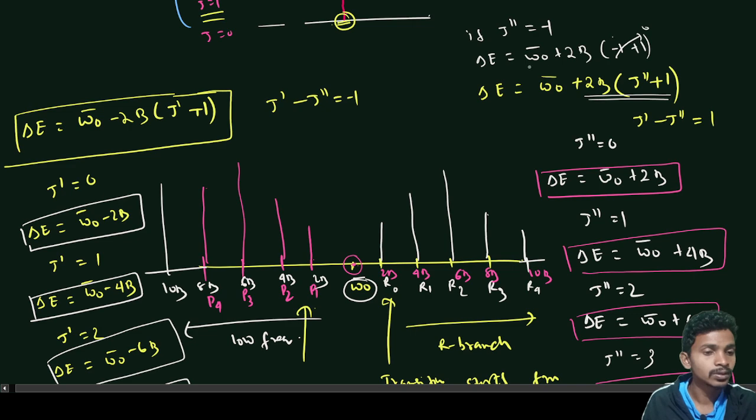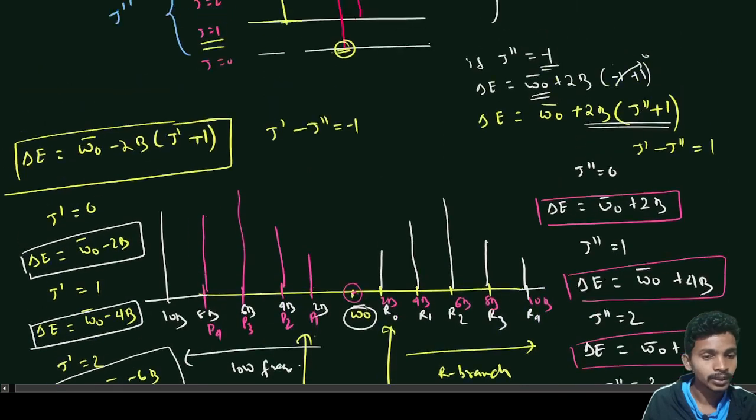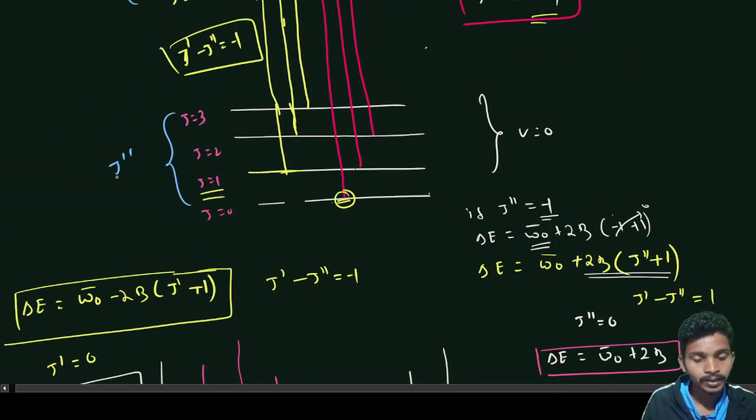So 0 into 0, then we get omega naught. But is it possible to get J dash equal to minus 1? This is J, so it starts from J equal to 0.